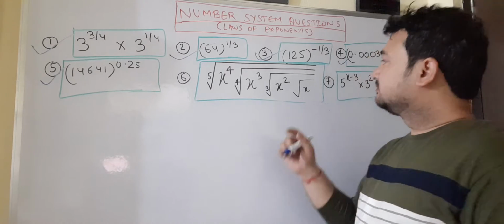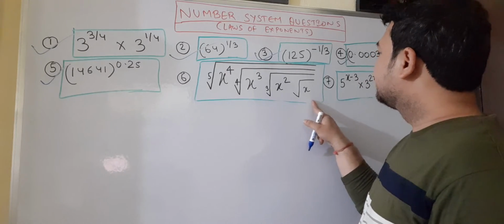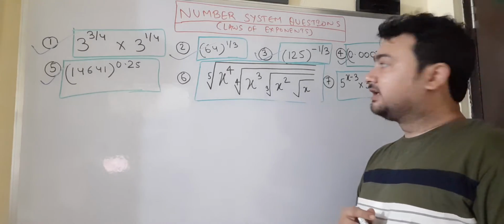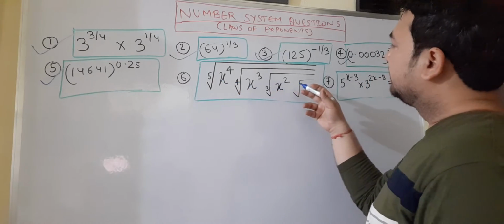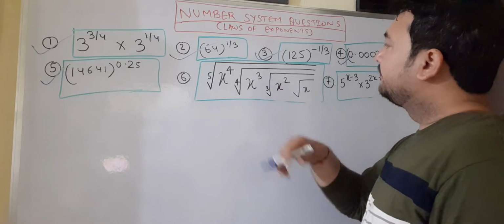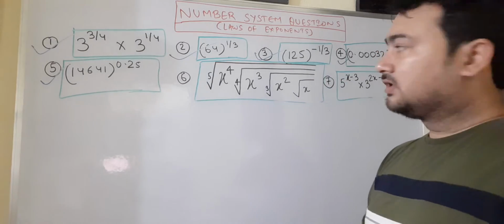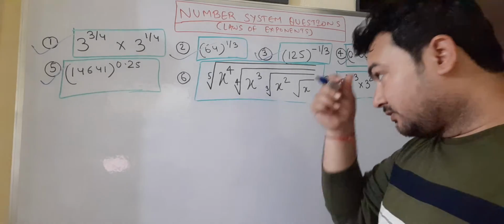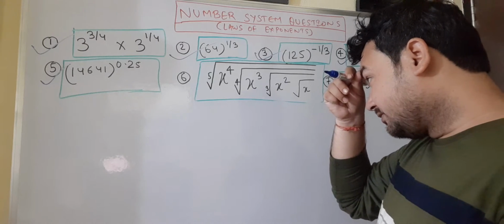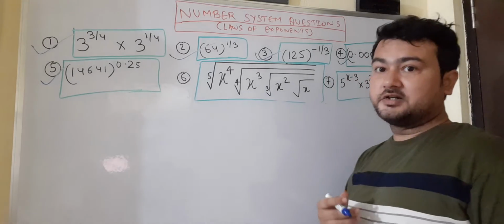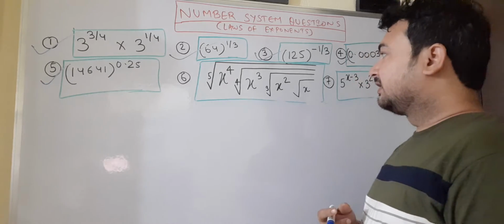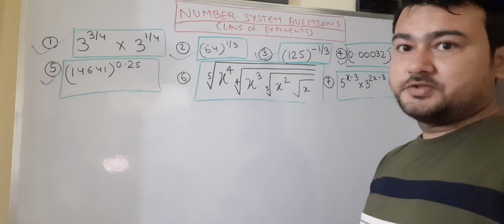For simplifying this, you will need a little patience because you find so many x to the power and roots. By looking at this question, you should not worry about it, rather you should have some patience, because for solving this you will get some marks and those marks deserve something.